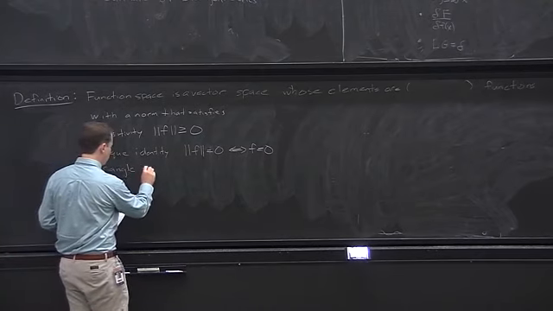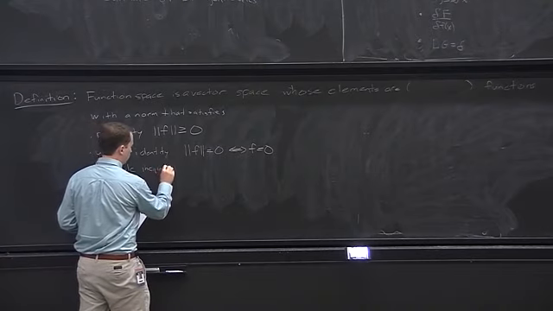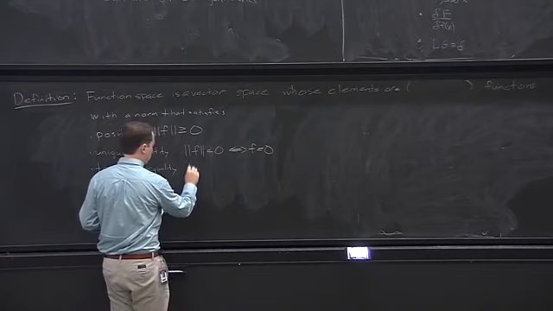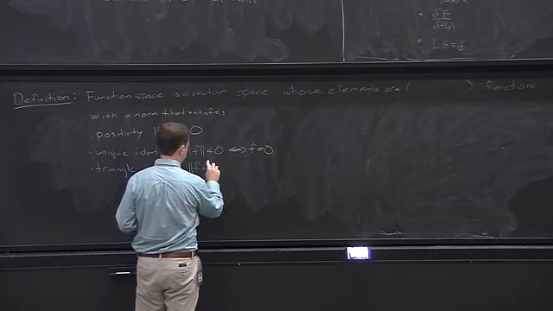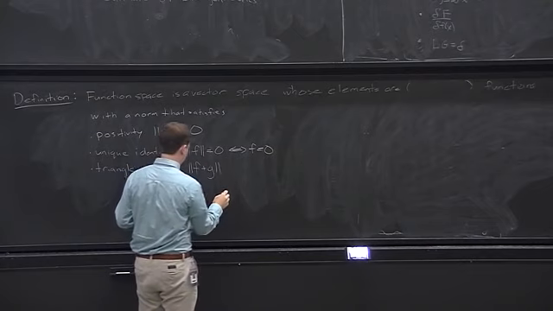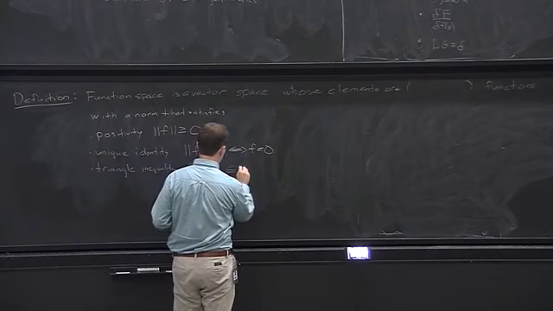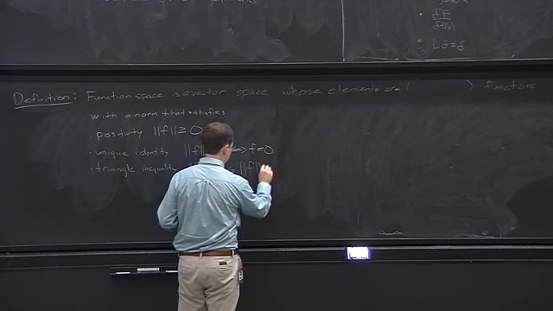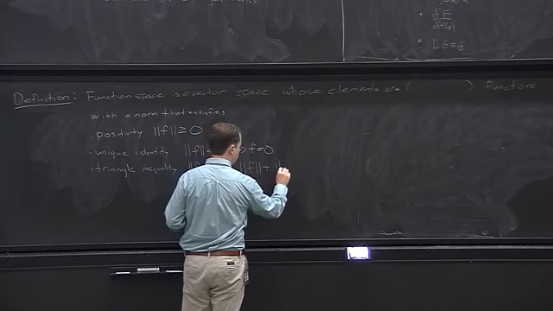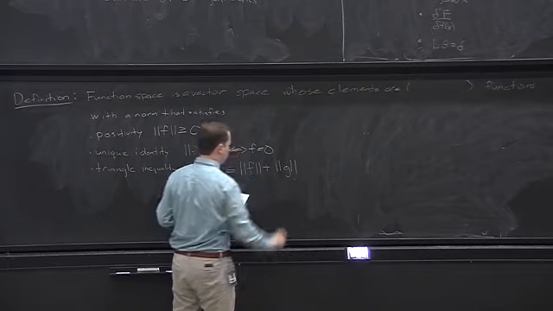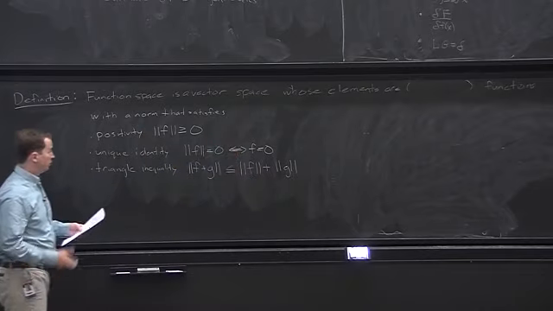Triangle inequality: we add two elements of a vector space, take their norm, and it should be less than the sum of the norms of the individual vectors or functions.